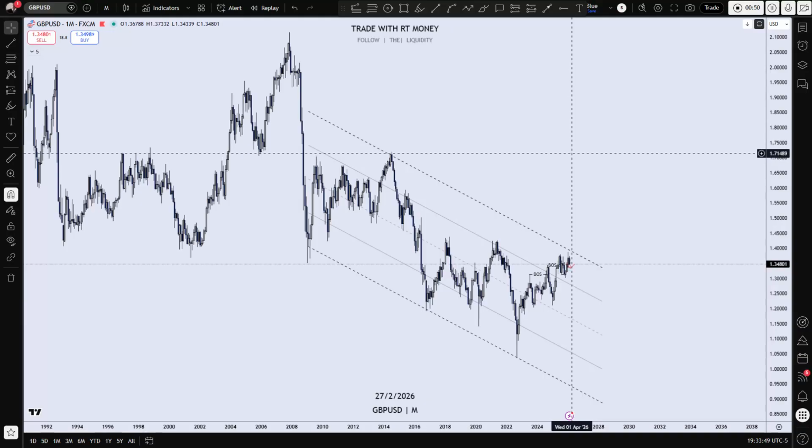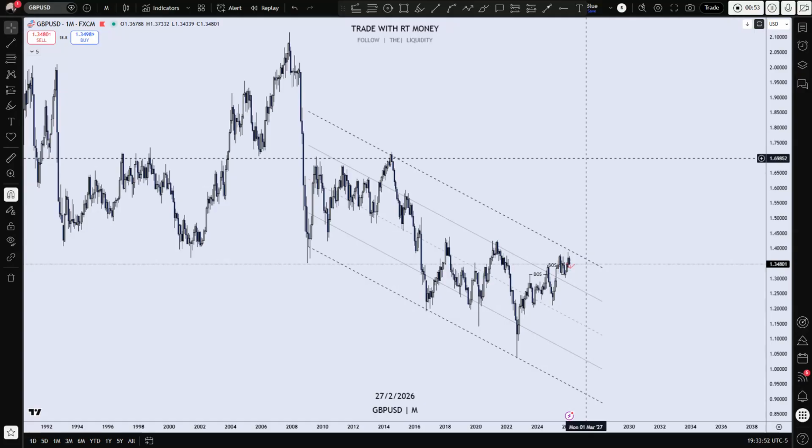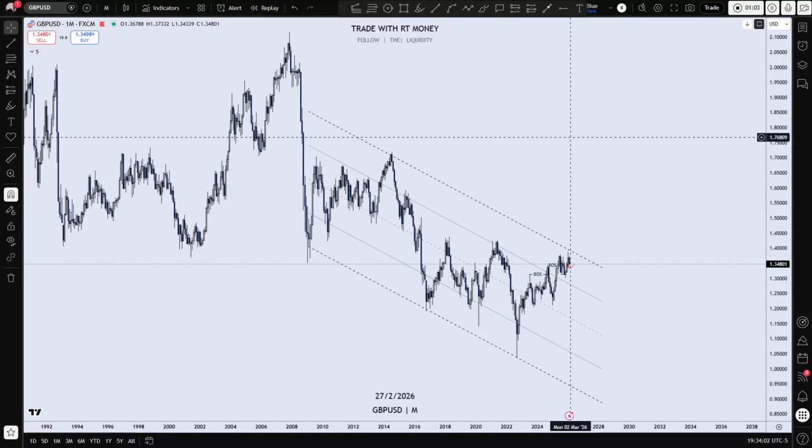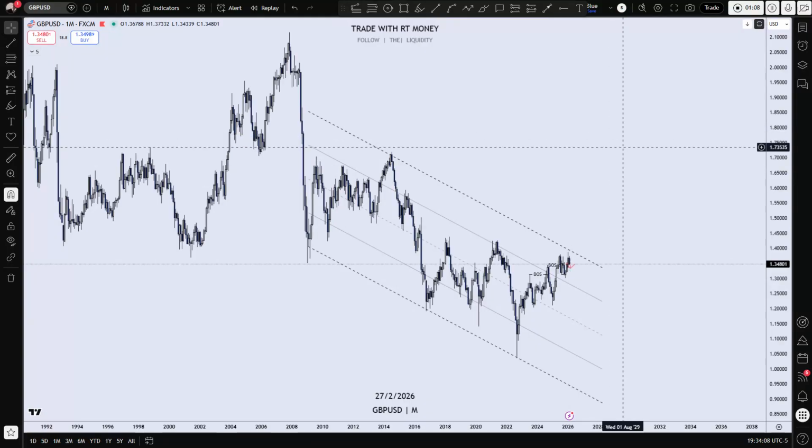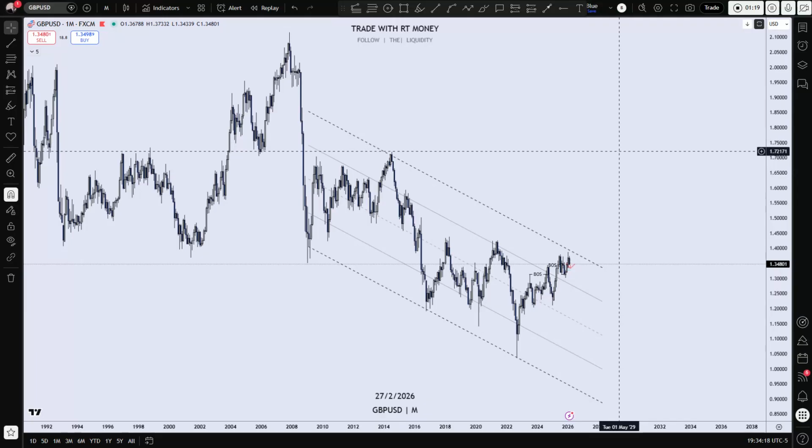What happens is when missiles start flying, investors globally start to move their capital out of riskier assets like the stock market and move it into safe havens like the US dollar, the Swiss franc, gold, silver, precious metals, and bonds.